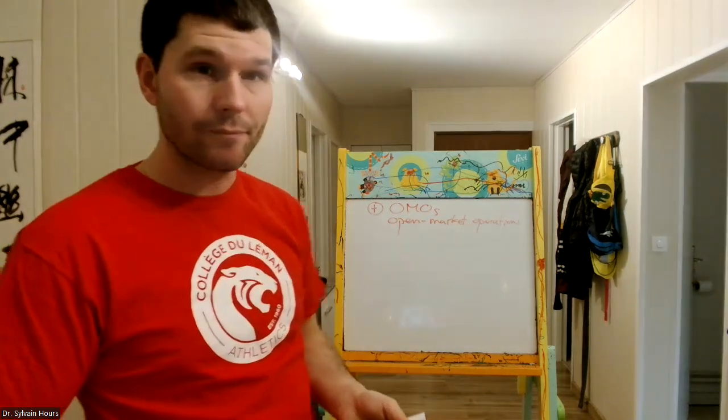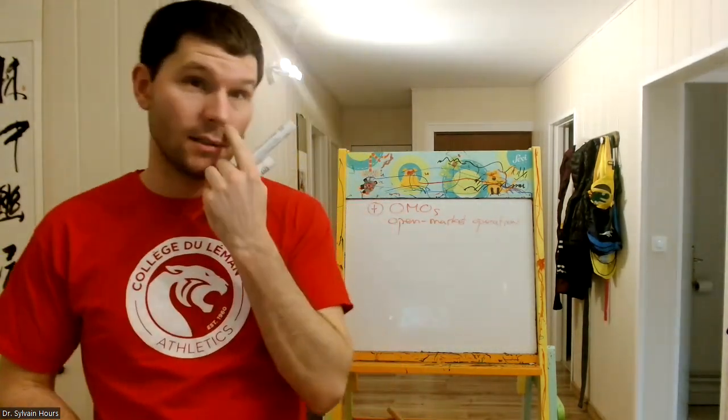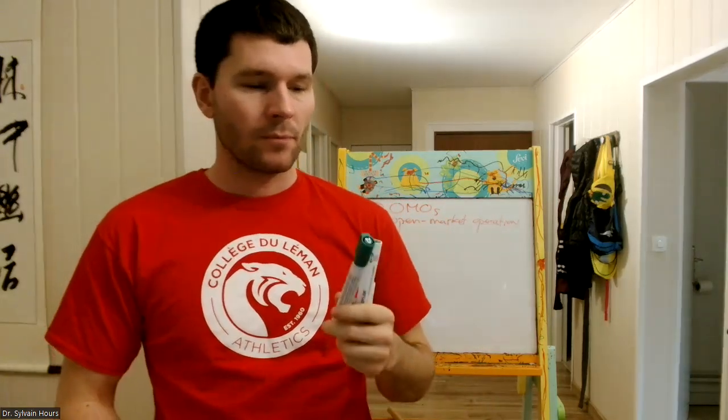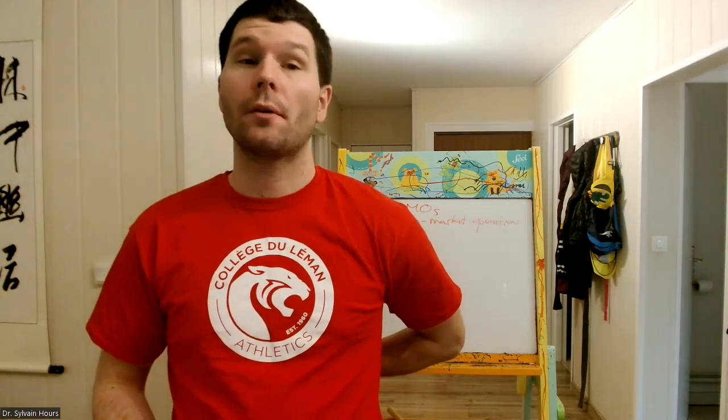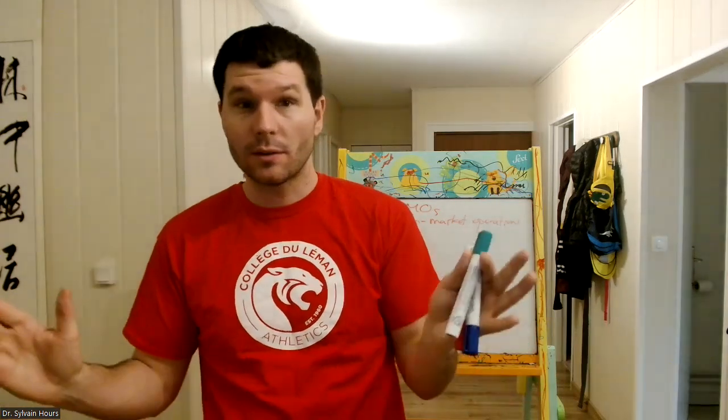What it means is that the central bank is going to trade government bonds with commercial banks. In most cases, the central bank is not authorized to trade government bonds directly with the government. And we understand why, because if the central bank could buy government bonds, that would basically mean that the government could have any budget deficit it wants, and the central bank would simply buy the bonds and finance the deficit.